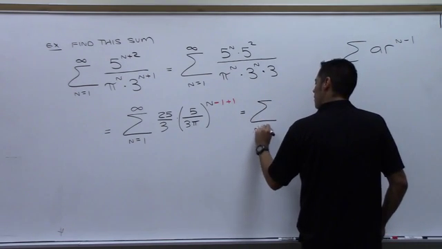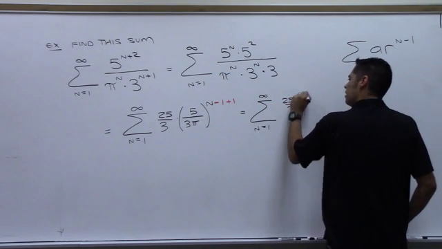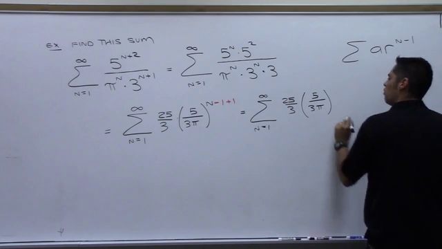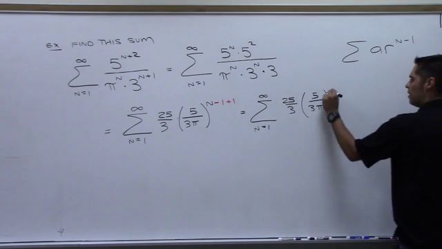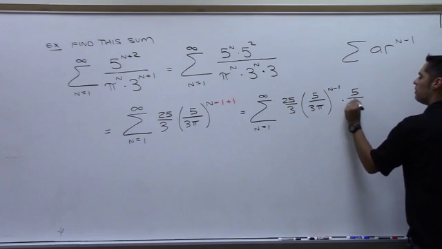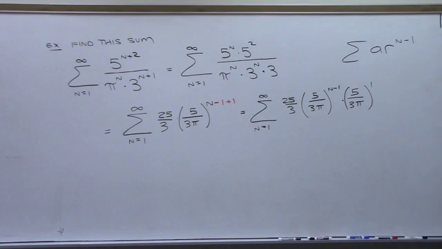Sum n equals 1 to infinity. 25 thirds. 5 over 3 pi to the what? n minus 1 times 5 over 3 pi to the 1, which you don't have to write, but I'm just going to write it just so you can see it.